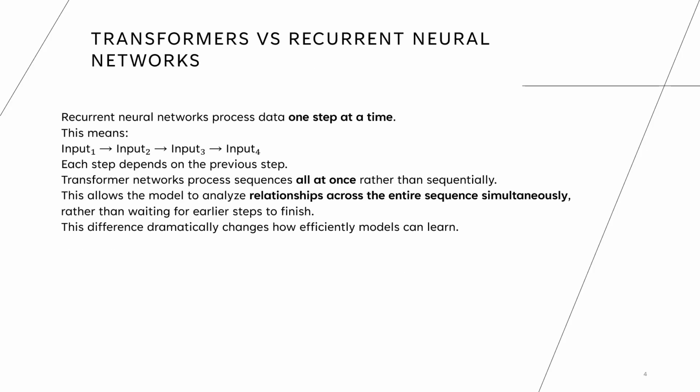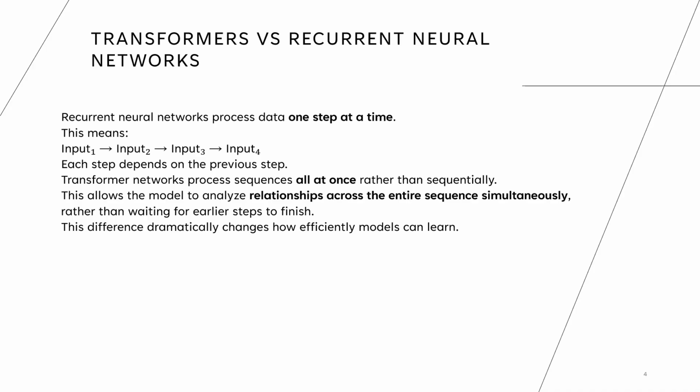Now that we understand the idea of attention, we can explore one of the biggest differences between transformer networks and earlier sequence models. Traditional recurrent neural networks process information step by step. If the model is reading a sentence, it starts with the first word, then moves to the second, then the third, continuing sequentially until the end of the sentence.